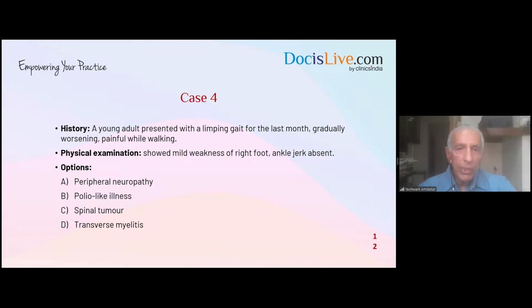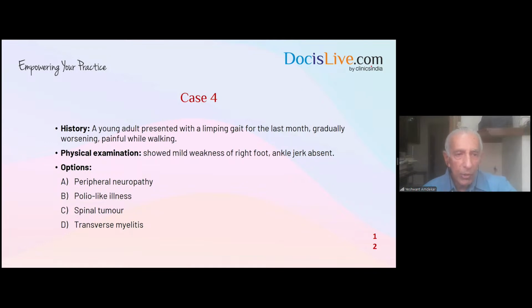Knowing that it has been going on over a month and gradually causing this kind of a problem, he has possibly a spinal tumor. And I again wanted to bring this because here is a pain and also weakness, and that tells you that this is a neurogenic pain because there is a weakness going on over a long time.